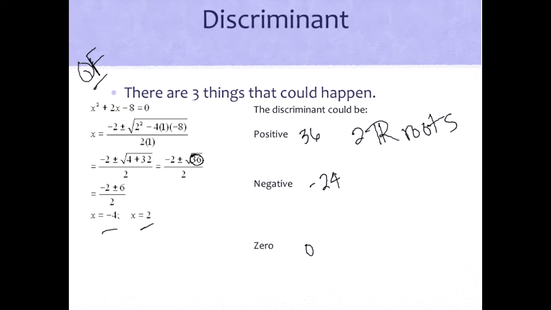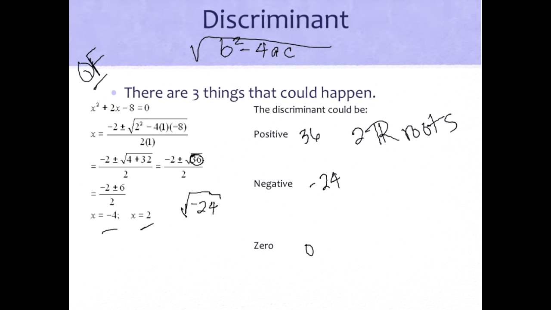I did not calculate what happens with the negative, but I can tell you that this negative 24 ends up under the radical, because the discriminant is just simply the radicand.